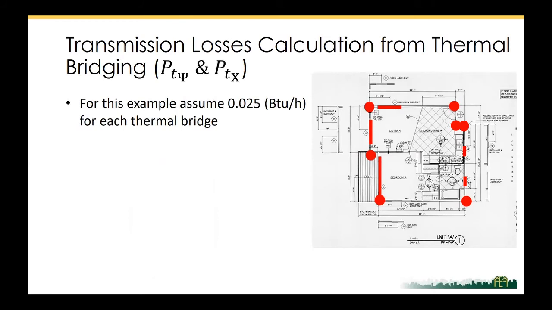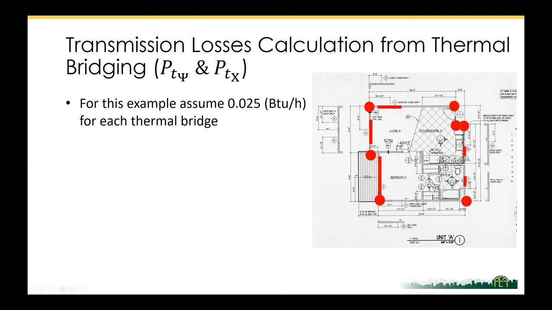Through the Passive House manual, they give an example of ranges of thermal bridges, and one of their worst case or bad thermal bridges was 0.25 BTU per hour. And so I used that as our linear thermal bridge value and our point thermal bridge values.